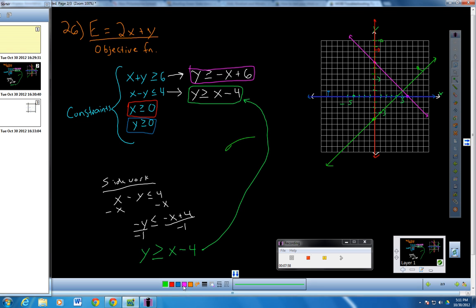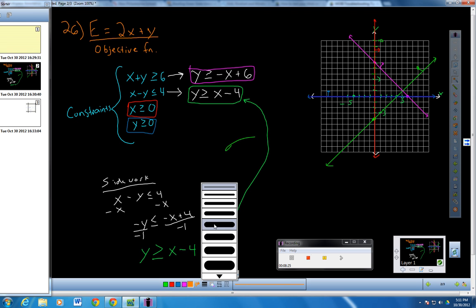And where all these intersect is where I'm going to have my feasible region. I'm going to go ahead and color that in. These are all the points that I can use in my orange function.